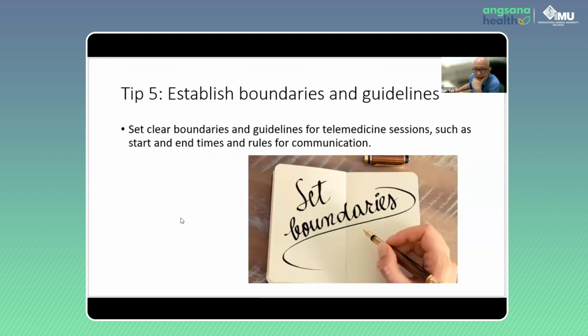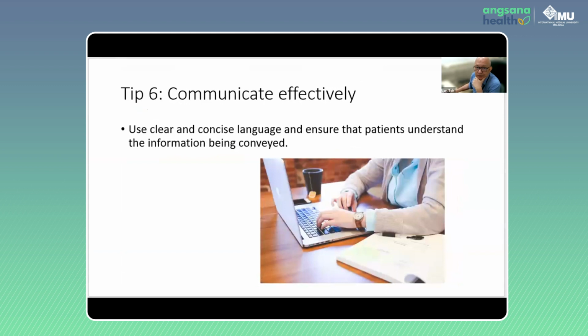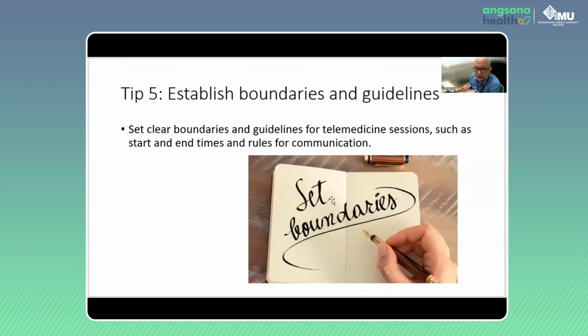Boundaries and guidelines. ChatGPT asked me to talk about boundaries and guidelines. I think the most important boundary would be, what can we talk about? It is not for an emergency situation, which is already in the consent form, but sometimes patients don't read or don't understand.